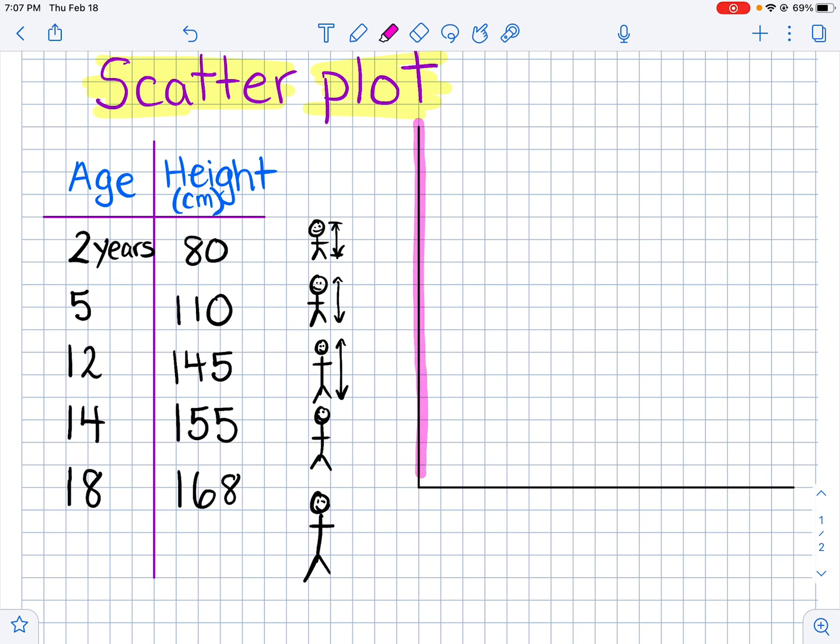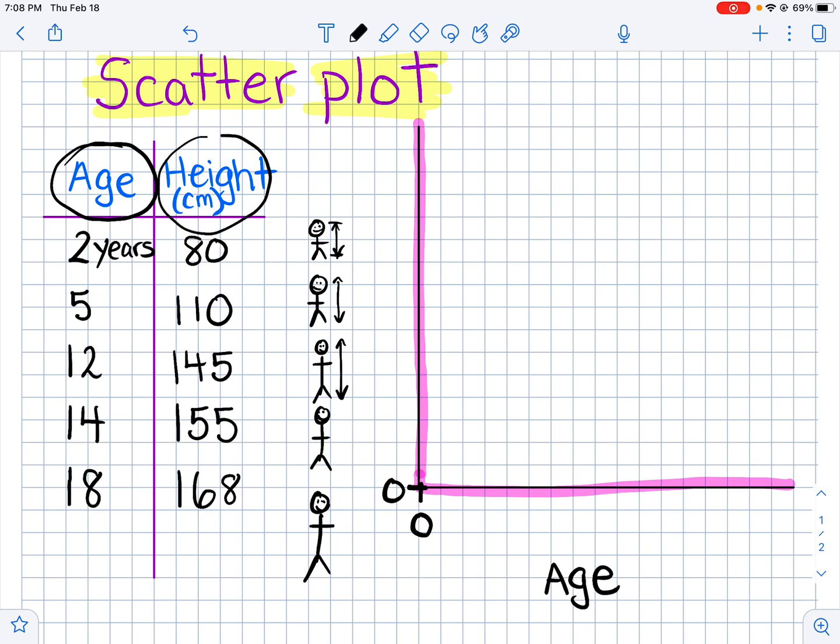This is the y-axis and this is the x-axis. So this is 0, and this is 0. I'm going to take age and put it on the bottom. I'm going to take height and put it on the side.